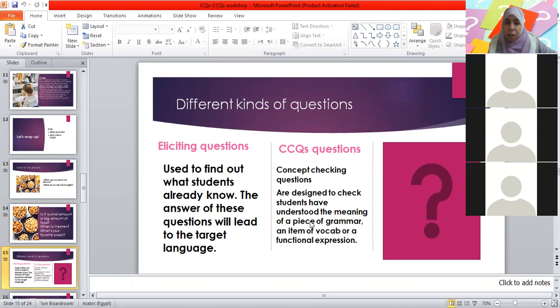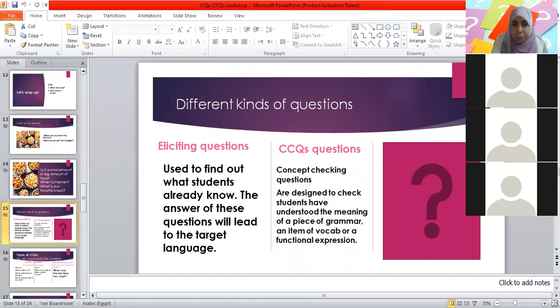After saying the target language, I ask CCQs to check that all my students understand the meaning of a word, grammar, or anything I'm teaching. So these are two kinds of questions: before the target language, eliciting, and after the target language, CCQs, concept checking questions.